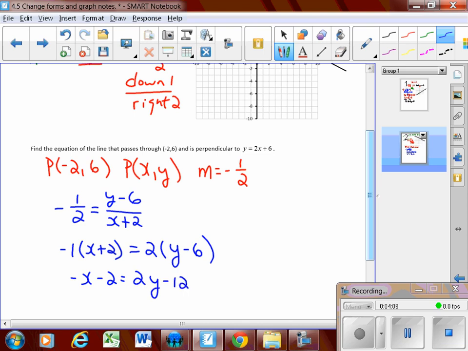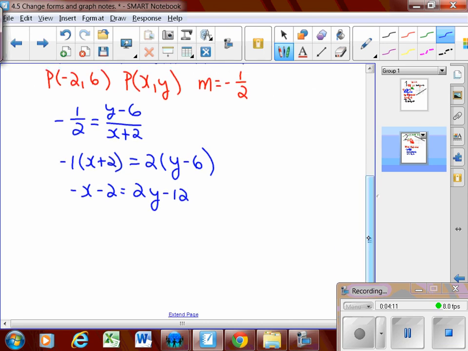If I want to change this to general format, I want to have a positive x value. So let's add x to both sides. Let's leave my negative 2 for a minute. The x comes first. The 2y in this question was positive 2y, so that's why it's x plus 2y. And then to simplify things one more step, let's add 2 to both sides.